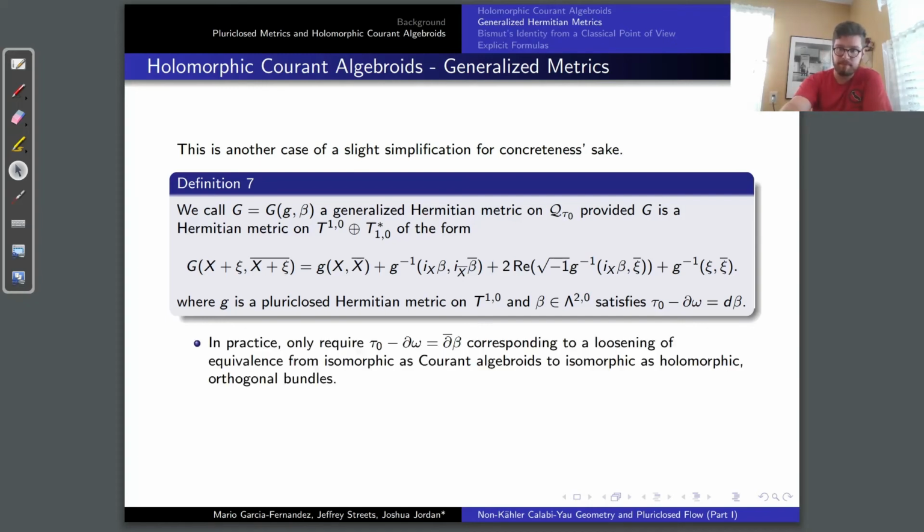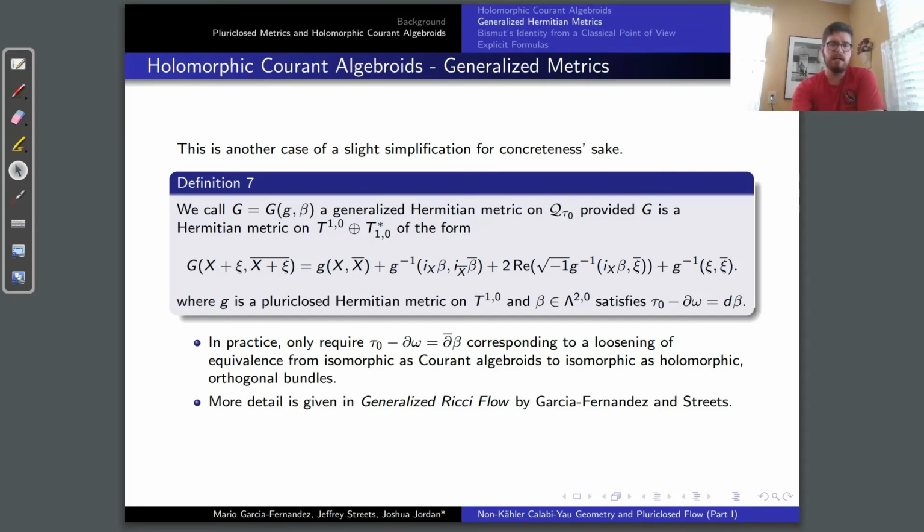Okay. In practice, we can loosen this a little bit. We only really need this relationship here: tau naught minus del omega equals del bar beta, which corresponds to a loosening of the equivalence. Okay, we don't really talk about isomorphic as Courant algebroids. We talk about isomorphic as holomorphic orthogonal bundles.